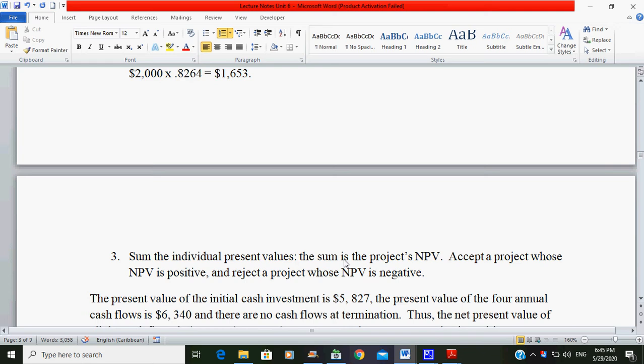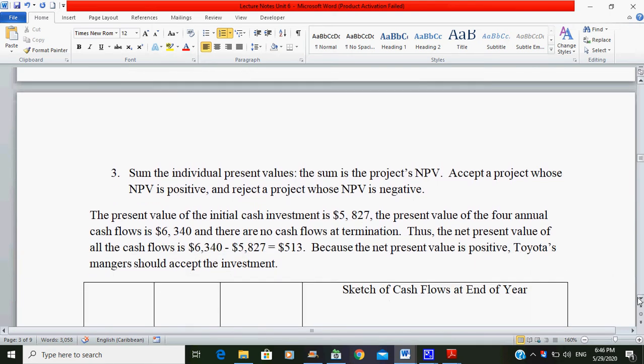Accept a project whose NPV is positive and reject a project whose NPV is negative. Alright? The present value of the initial investment is 5,827. The present value of the 4 annual cash flows is 6,340, and there are no cash flows at termination.